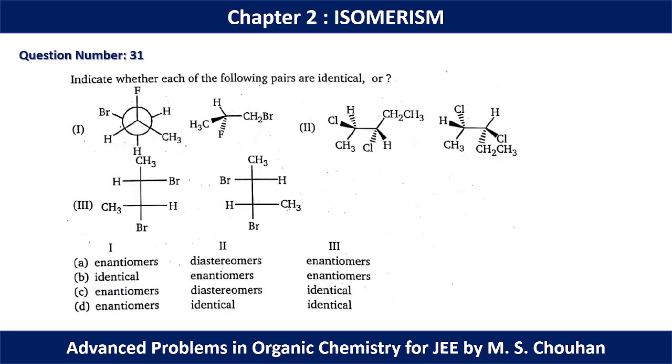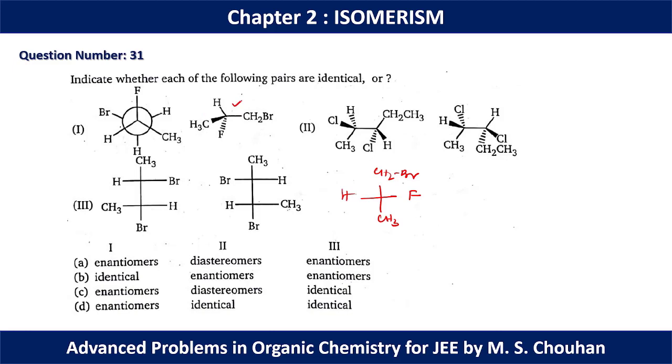Now, if we draw the proper structure for the first molecule, it will become CH2Br, methyl, hydrogen, fluorine.